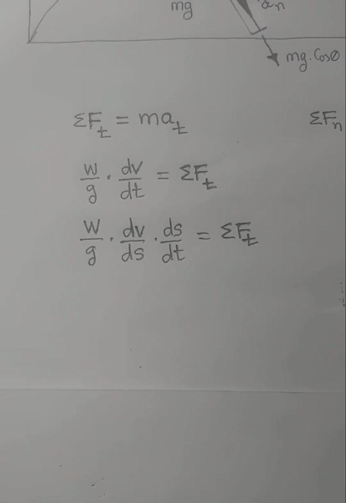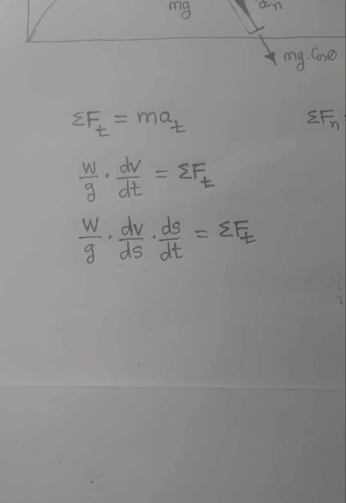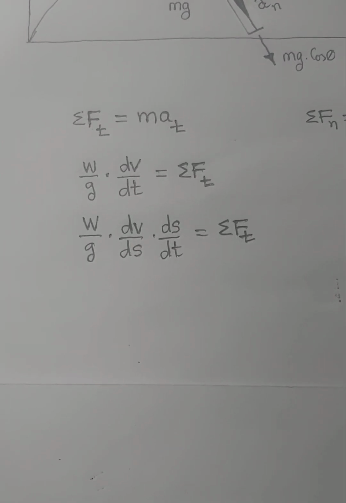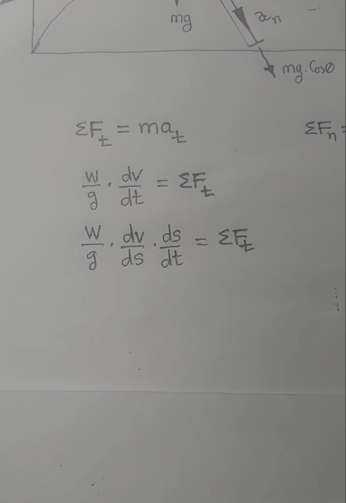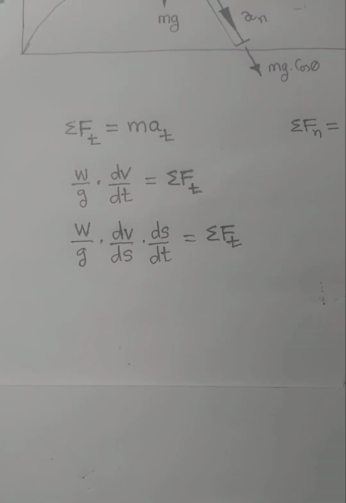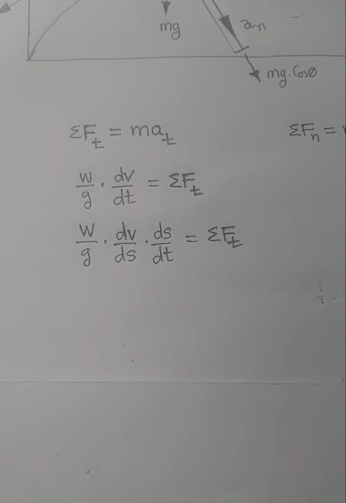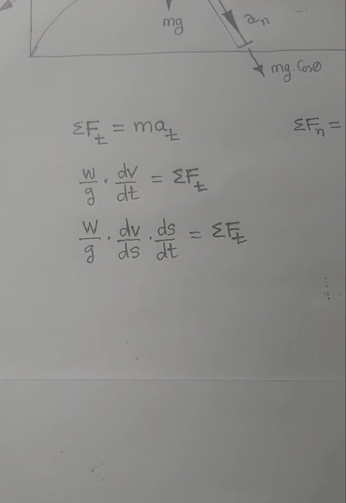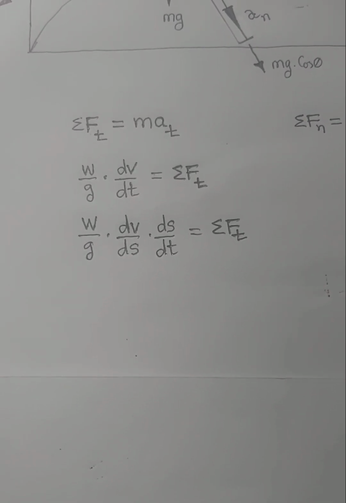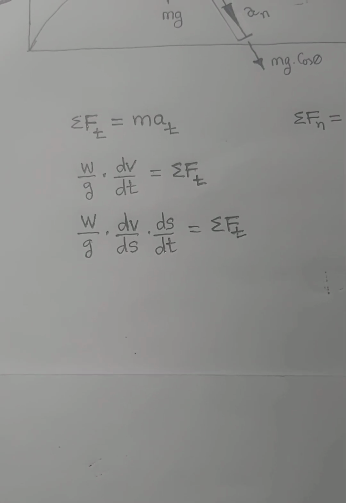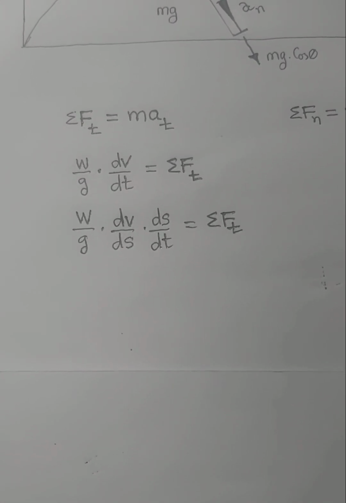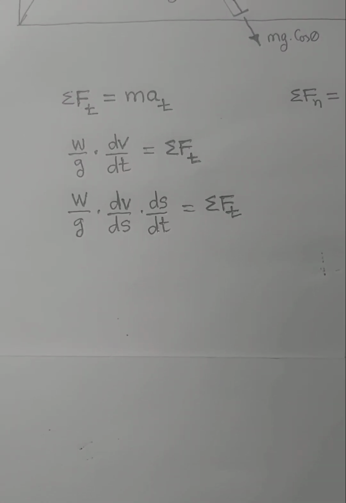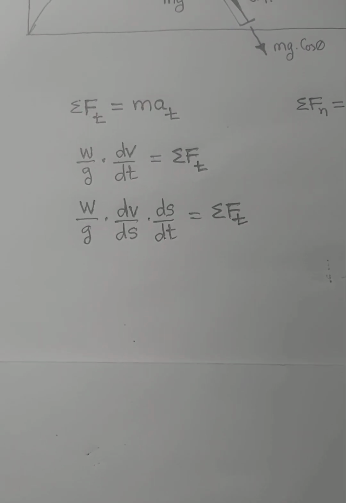Then we can write W by g into dV by ds into ds by dt equal to summation Ft. From this equation, ds by dt indicates the instantaneous velocity of the moving particle. We can indicate that as v.